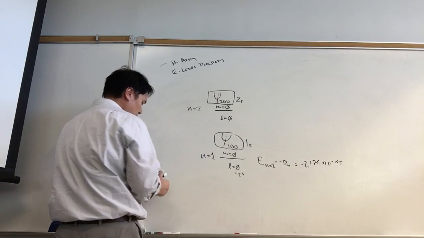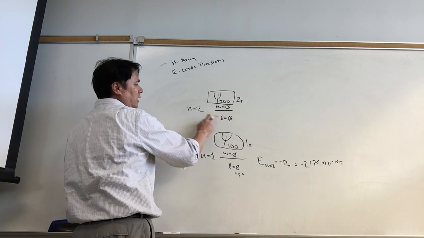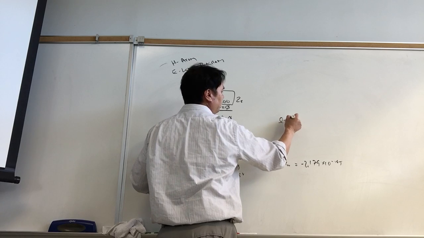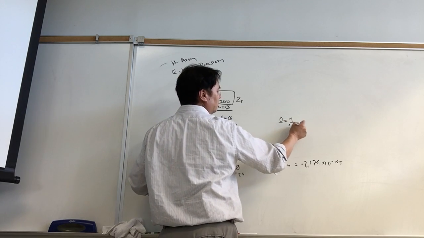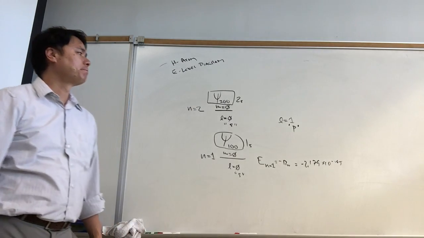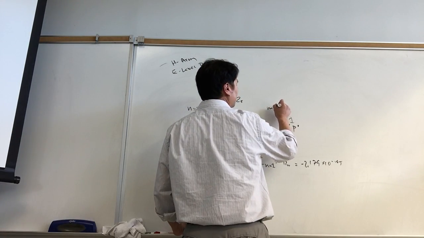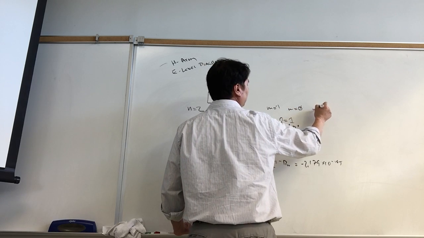What's next for the allowed orbitals? N equals 2, L equals 0. And when N equals 2, L can also equal 1. 0 is an s orbital, while 1 is a p orbital. That's the shape of that. And we have 3 m values: m equals -1, m equals 0, and m equals 1.